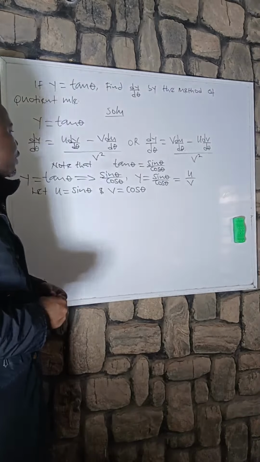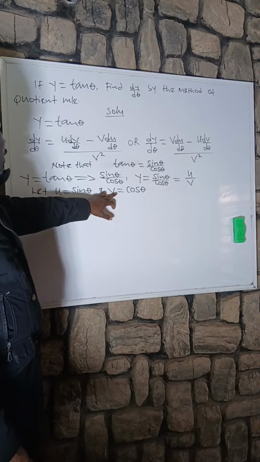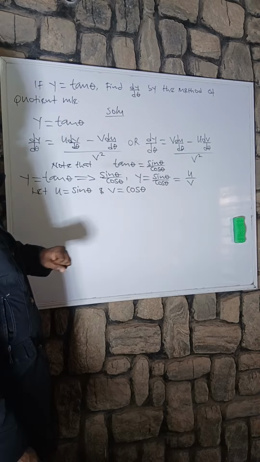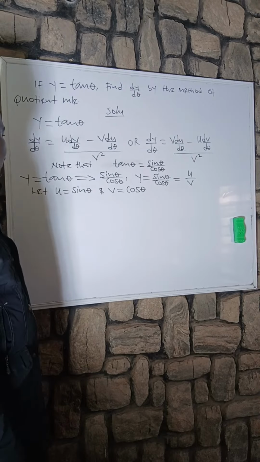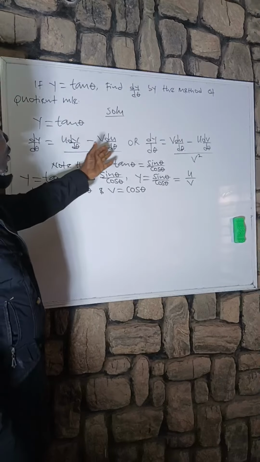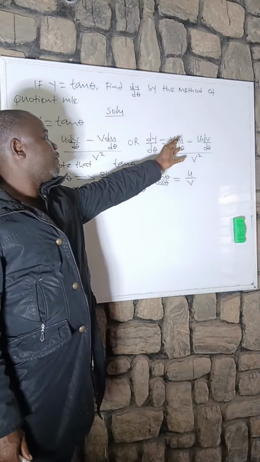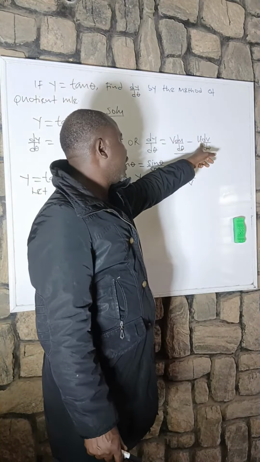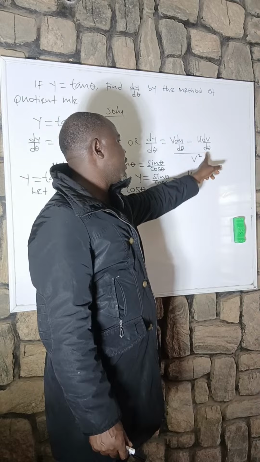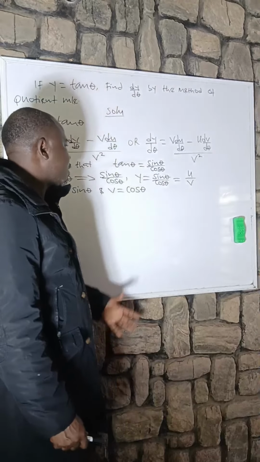So what we need to do here is, we look at the formula. We have ordinary v, we have du all over d theta, and we have ordinary u, we have dv all over d theta all over v squared.